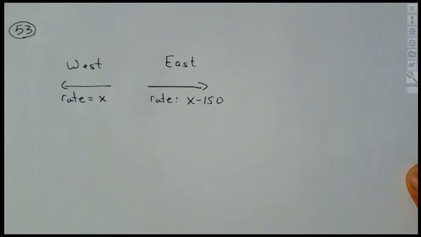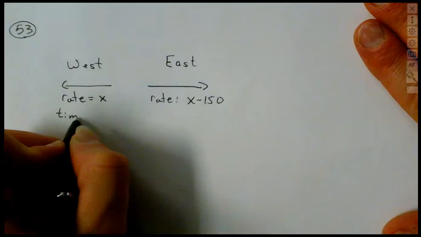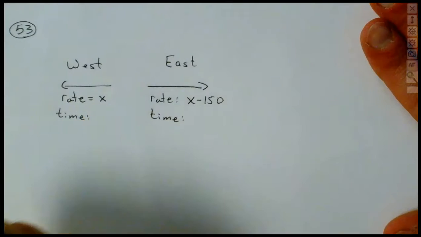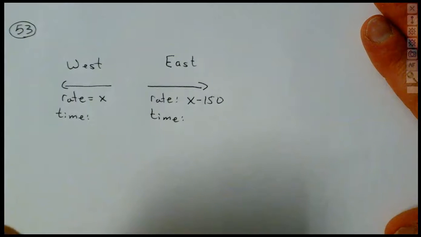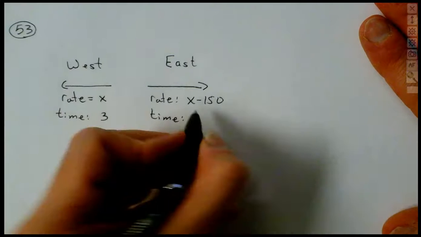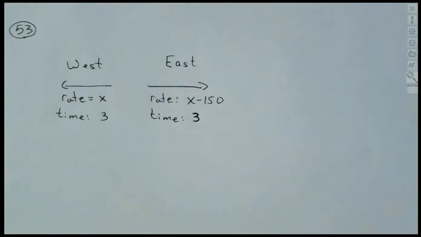Now we still need a rate and we need a time. And they give us the times in this case. Normally we have to find the time, but in this case they gave us the time, and it says the times are going to be 3 hours apart. So they're traveling for 3 hours, and that's our time.